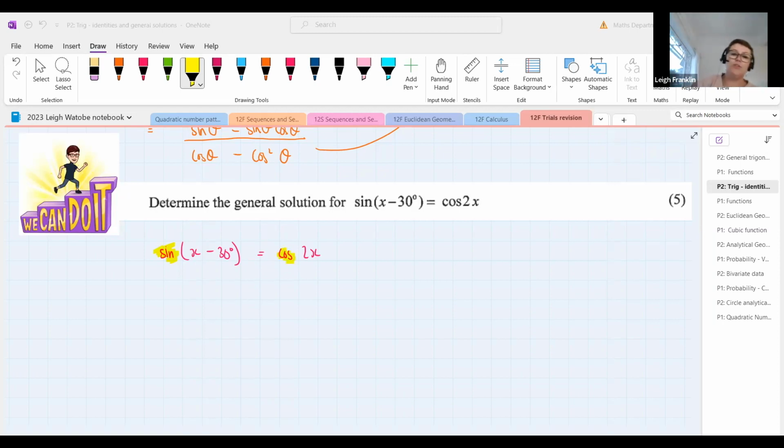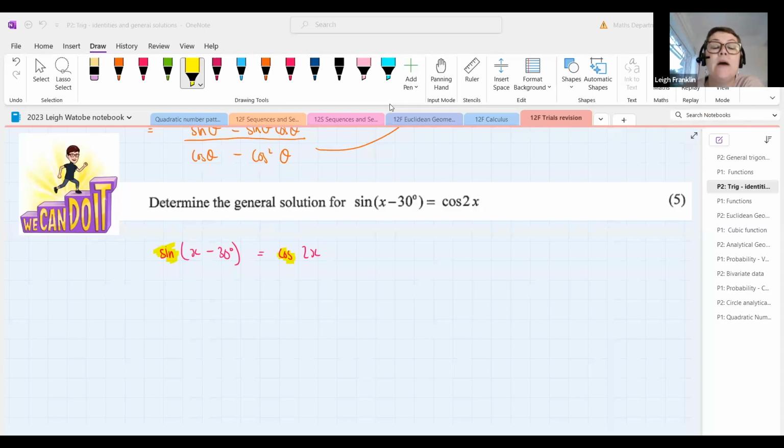So what do we think we should do in this case? If we've got the sine of one angle on one side and the cos of an angle on the other side, what do we do?